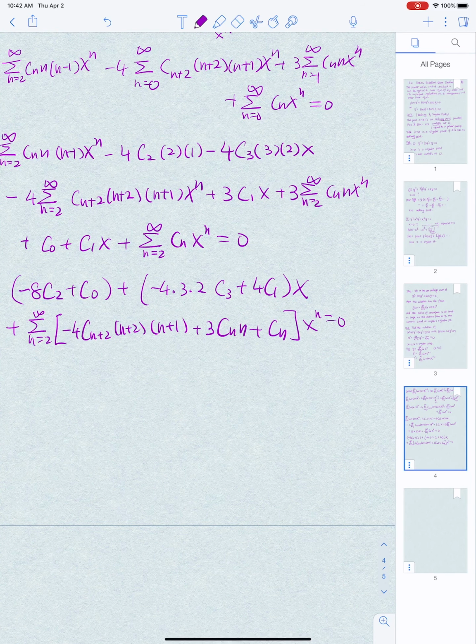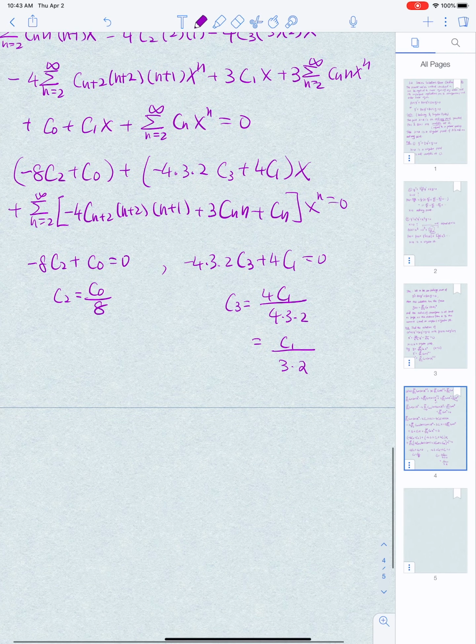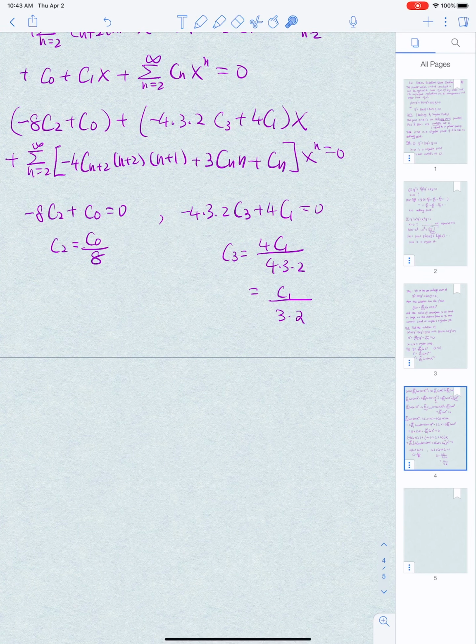So then we set each coefficient equal to 0. And then we're going to set everything in the bracket equal to 0.